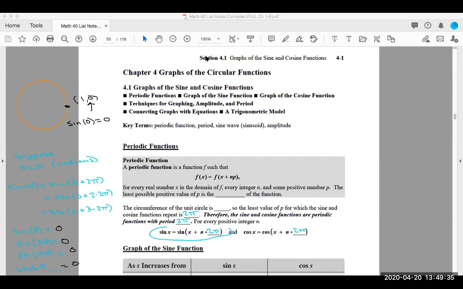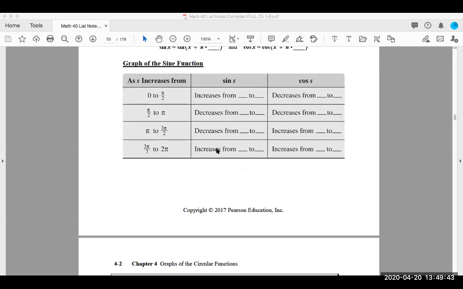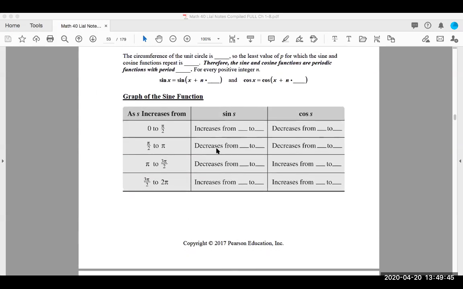Let me clear this out. Actually, before we move to the next page, let's go down here and just quickly fill this in. For this, it might help to think about the unit circle again. Let's put a few points on this circle.